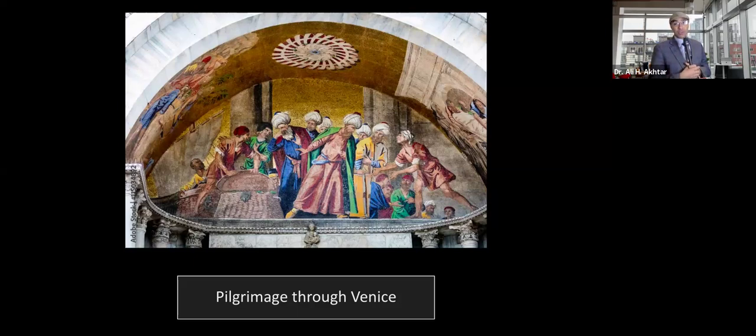So in many ways, this was a way of diverting some of that pilgrimage traffic away from Egypt, and away from Rome even, towards Venice, and in the pilgrimage route going to the Holy Lands, which at that time were part of the Islamic world.